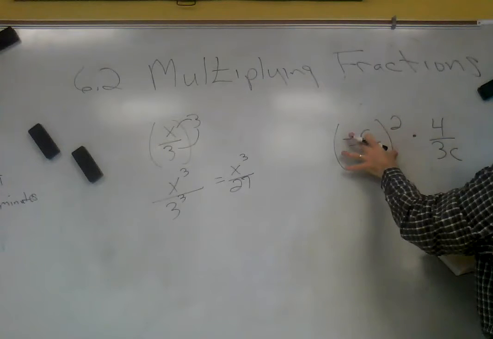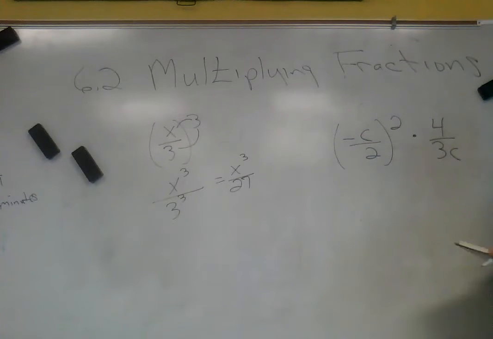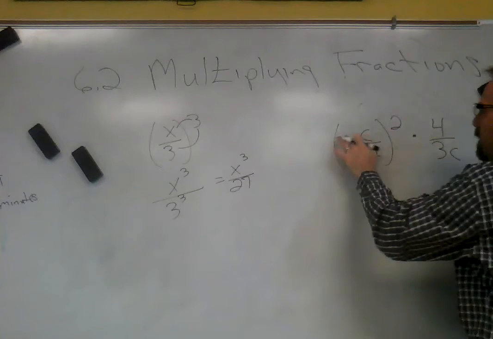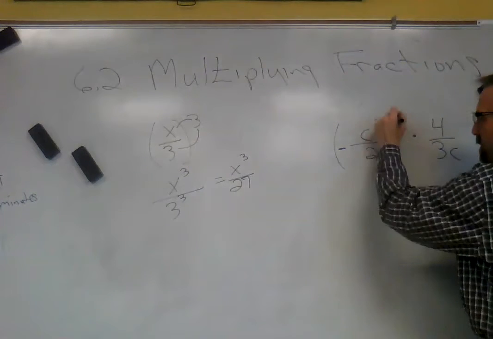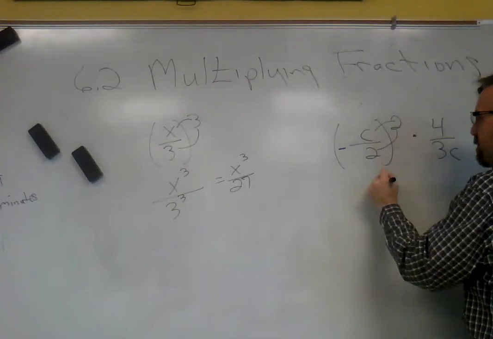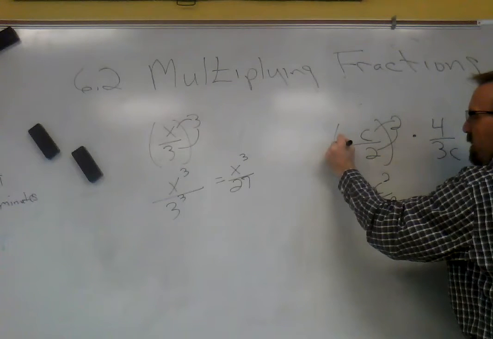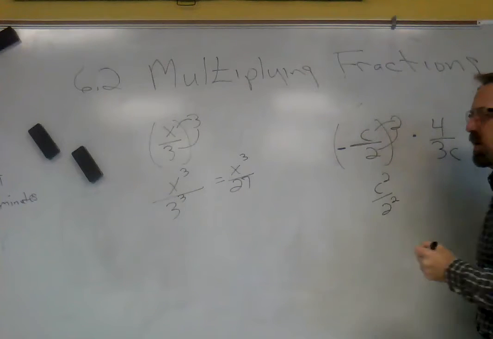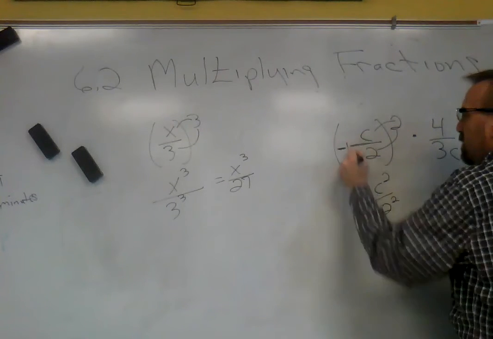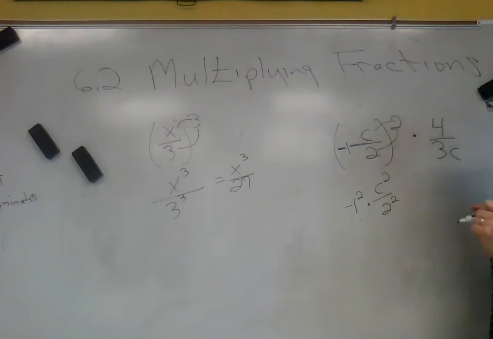So now we're going to use that power, but we're also going to multiply it by another fraction. So originally, I'm going to put the negative back where they had it. So we have our power, c squared, 2 squared. But between this negative and this fraction there's a 1. So basically, we also have negative 1 squared. What is negative 1 times negative 1?